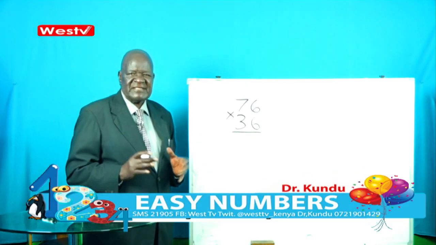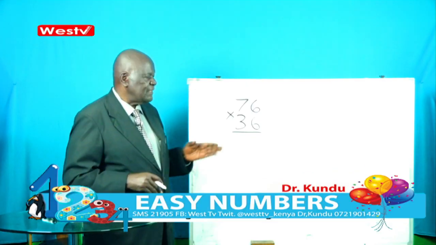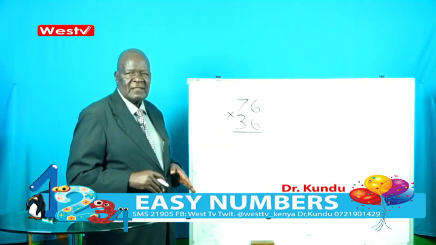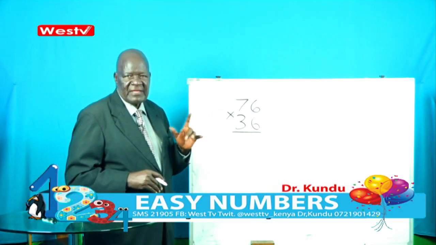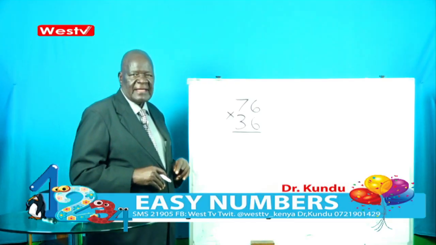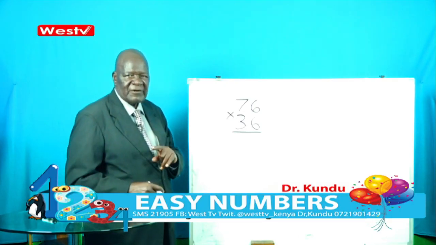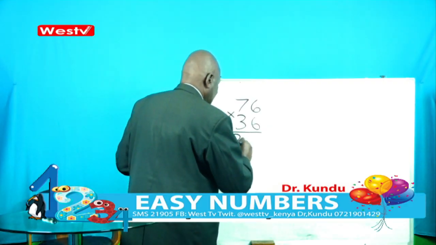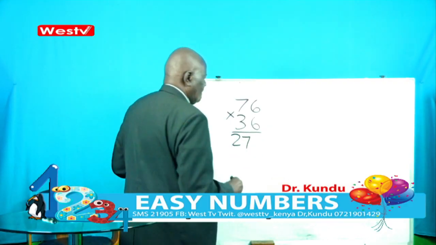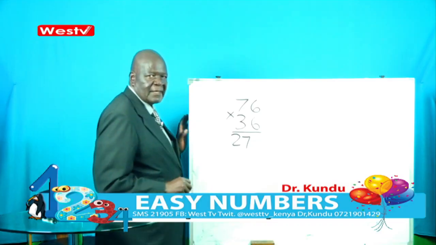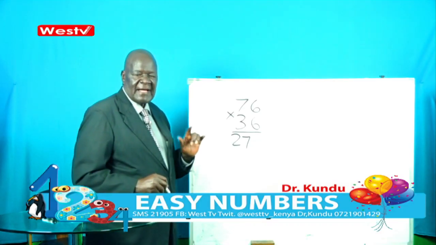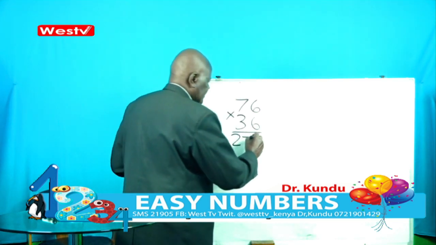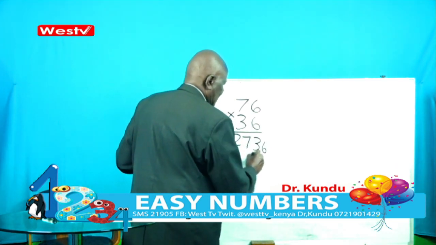Whenever you meet such numbers, just multiply the left hand side or the tens digits. 7 times 3 is 21, and quickly add on the common 6 to get 27. And that's the beginning of your answer. The ending of your answer, you just multiply as usual 6 times 6, which is 36. And that's your answer.